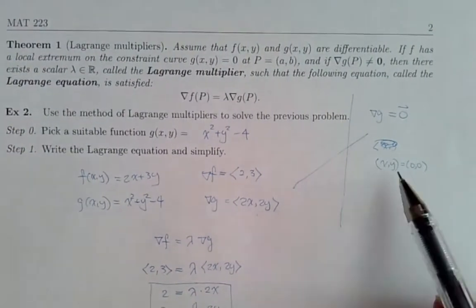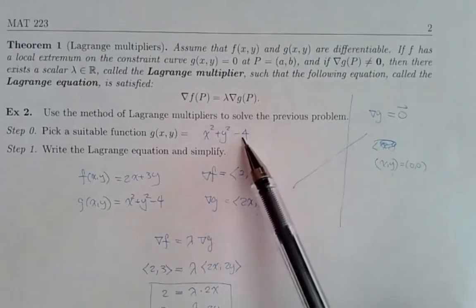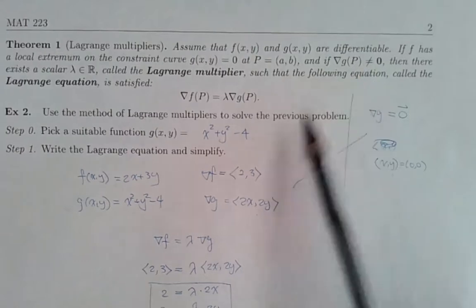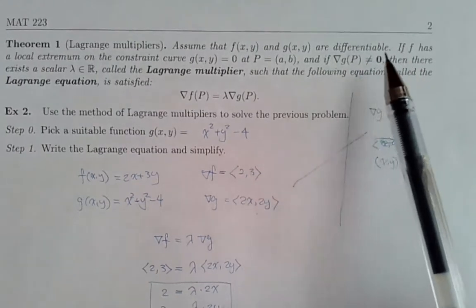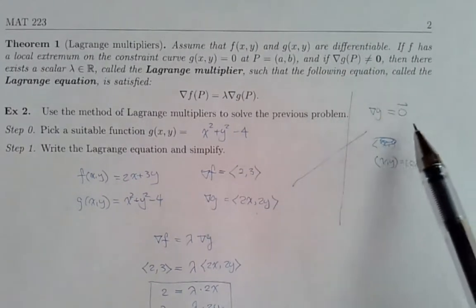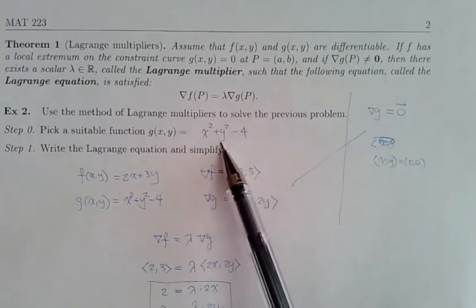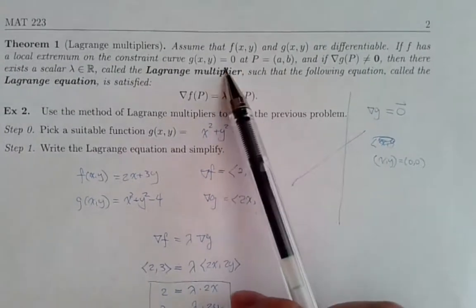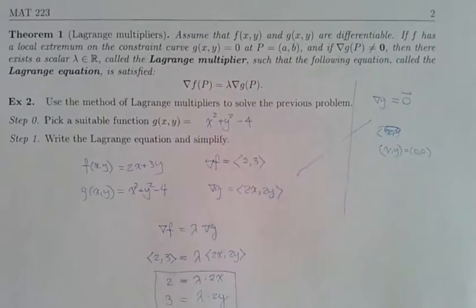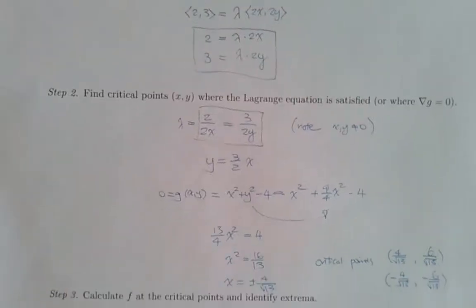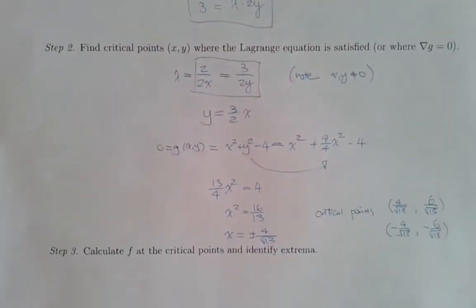And if that had been on the constraint curve, then we would need to pay attention. But over here, if you plug in 0, 0, you get negative 4. It's not on the constraint curve. So in this case, we didn't have to care about that. I mean, we did care, but it didn't matter.